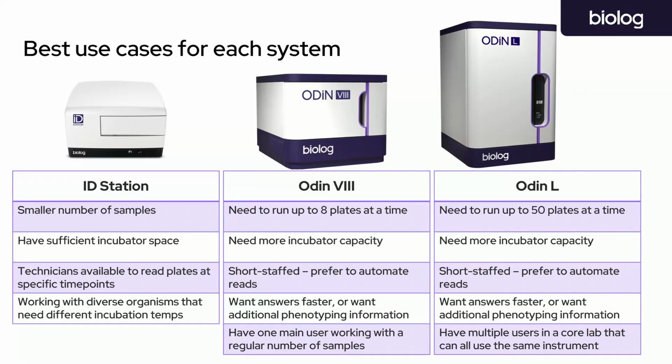Because they're doing kinetic reads, you can often get the answer faster, and you also get all this additional phenotypic information about your samples. Odin 8 is nice if you have typically one main user that's working with a predictable or regular number of samples. And Odin L is really great for putting in a core lab or a facility that can have multiple users all coming in to use the instrument.